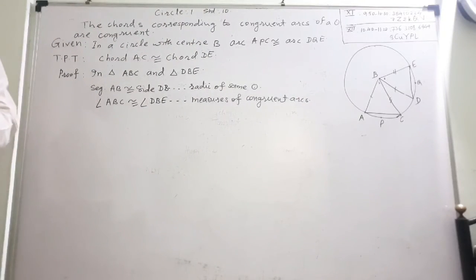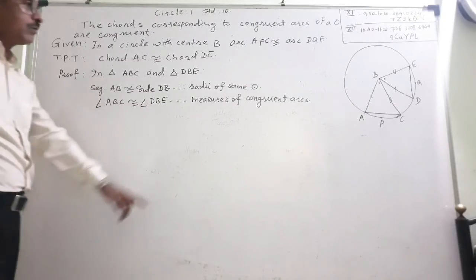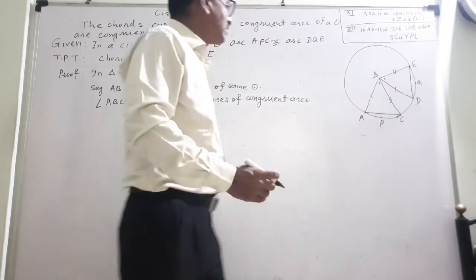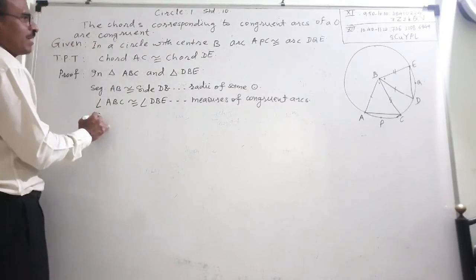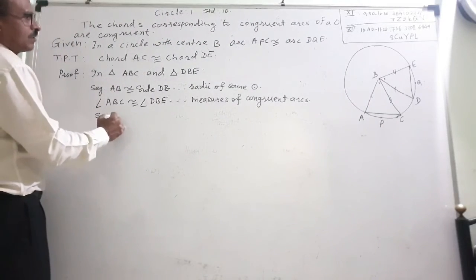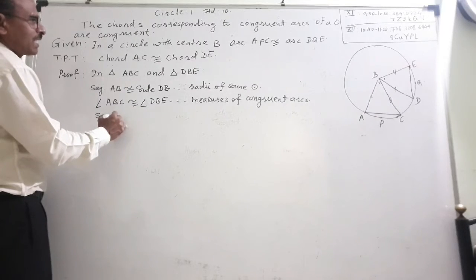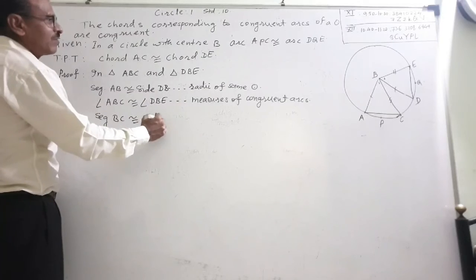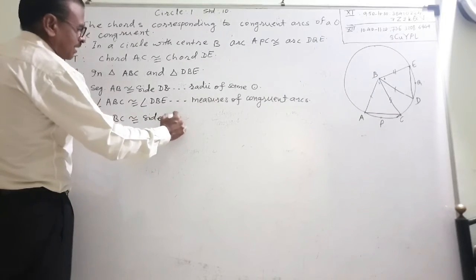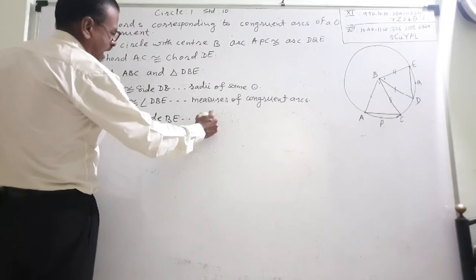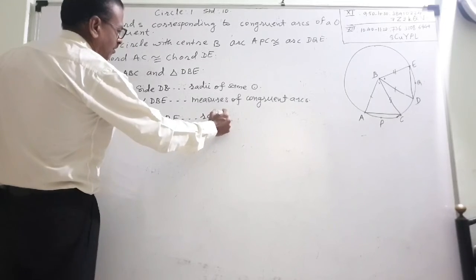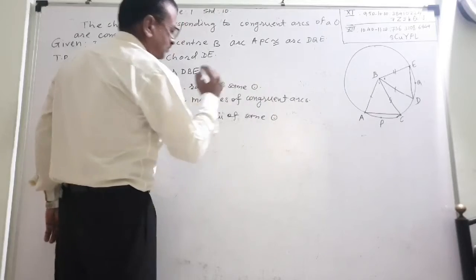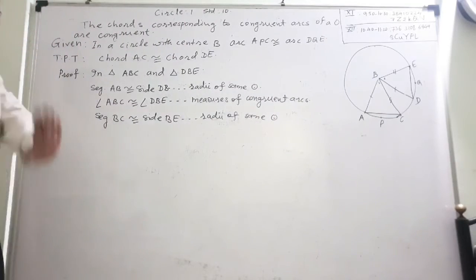Okay. Now this angle is over. Now this side and this side. Again, segment or side. What I will take? BC congruent side BE. Reason, radii of same circle. Hope that you understand it.